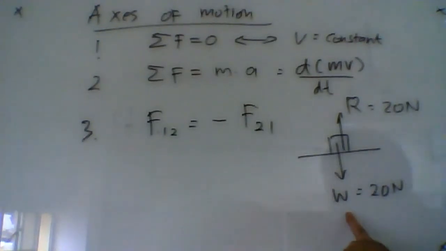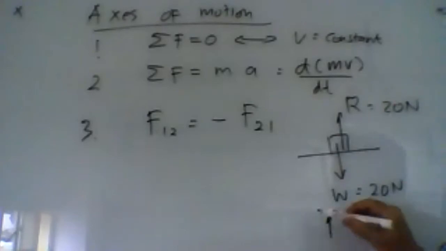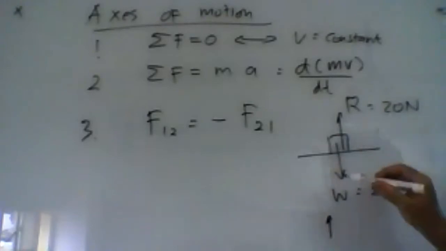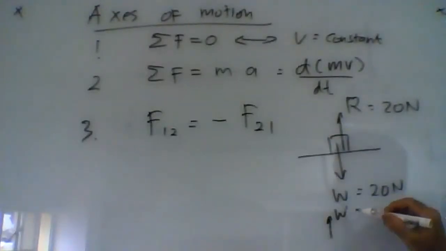Weight is the interaction between the earth and this object. If this object is pulled down by the earth with 20 Newton, we know that at the center of the earth there is also a pull back by the mass toward the center of the earth, W dash, which is also 20 Newton.